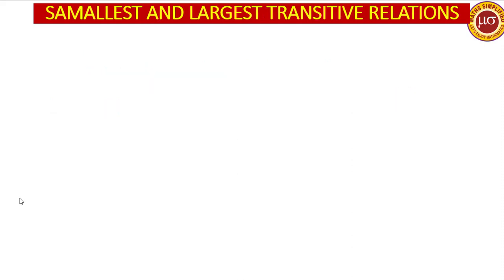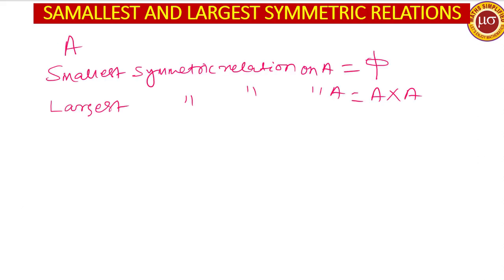Next, coming to the smallest and largest transitive relation, let us consider a non-empty set A. But first, can you tell me why phi is the smallest symmetric relation? Recall the definition of symmetric relation.